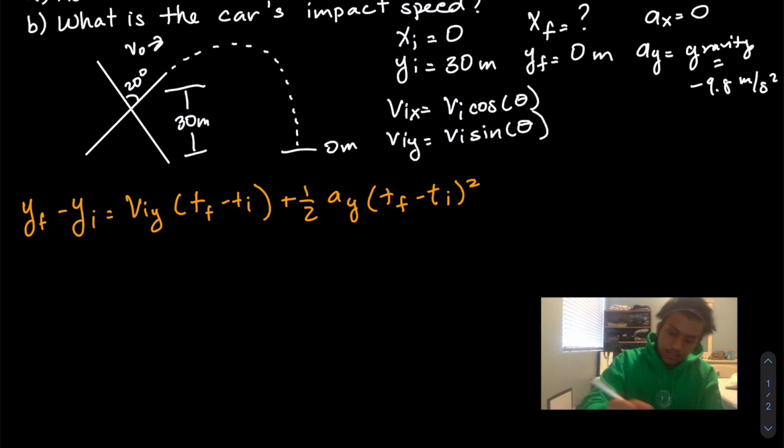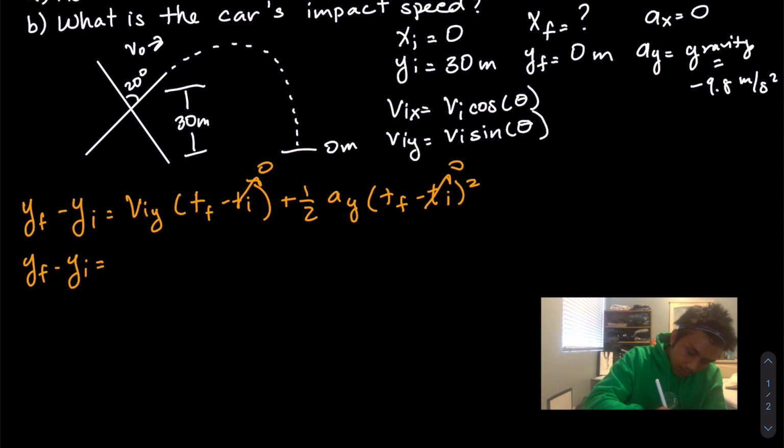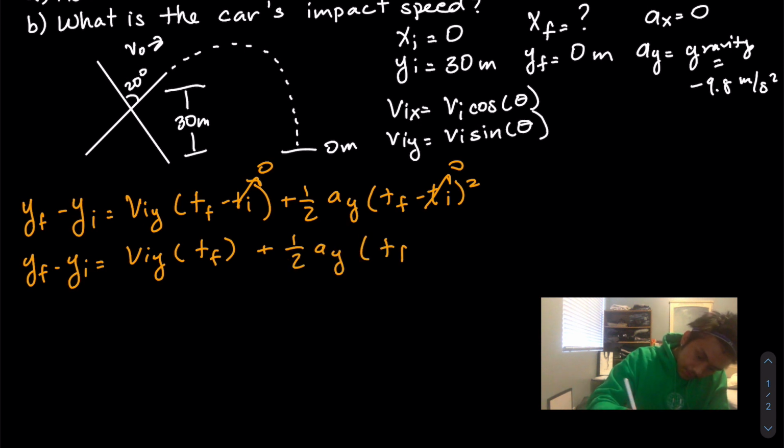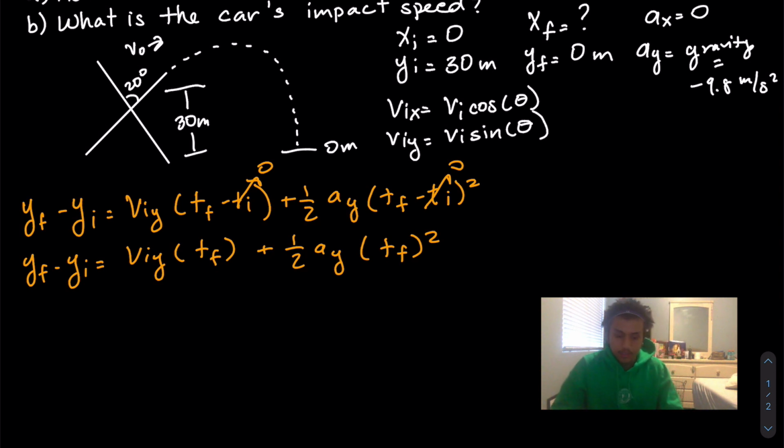All the t initials are just 0 because that's where you start off at. So then simplified it would just be y final minus y initial equals v initial y times t final plus 1/2 a y t final squared. And then you just plug in our givens.